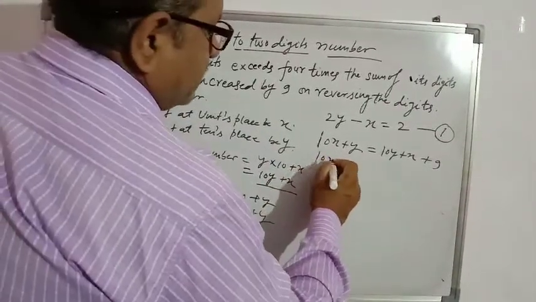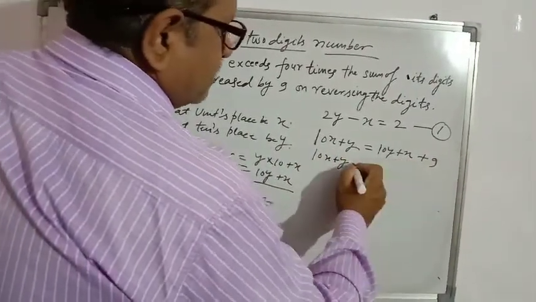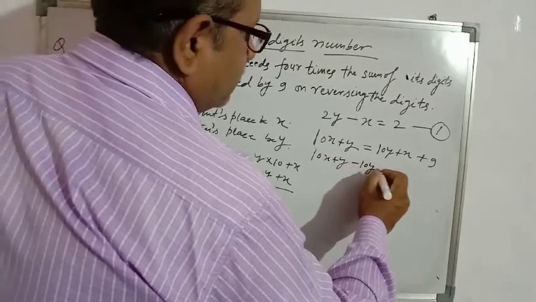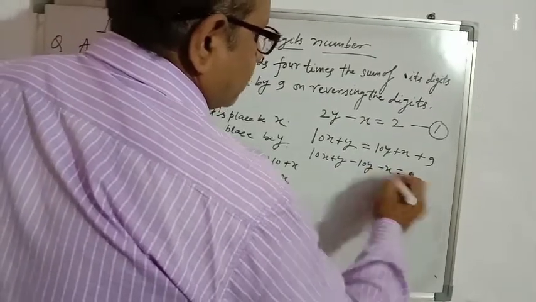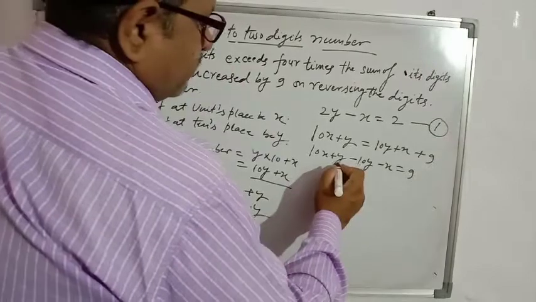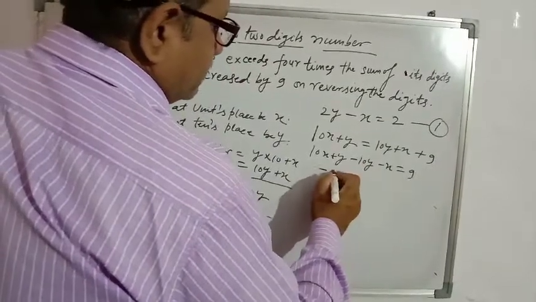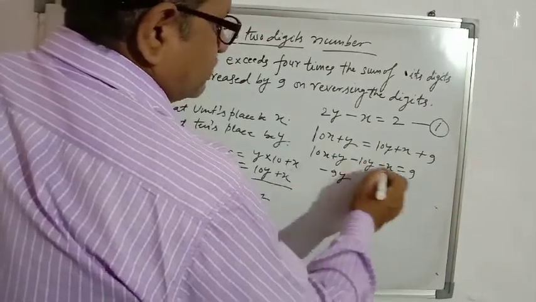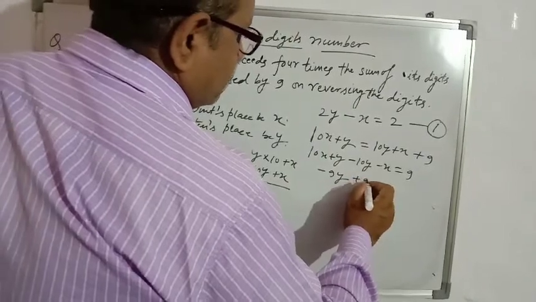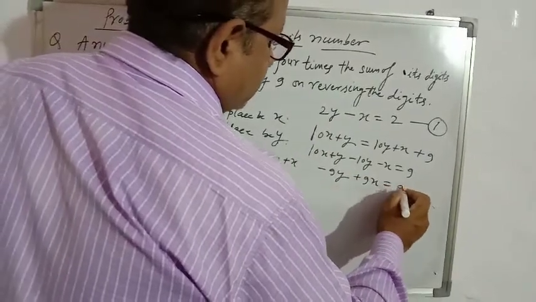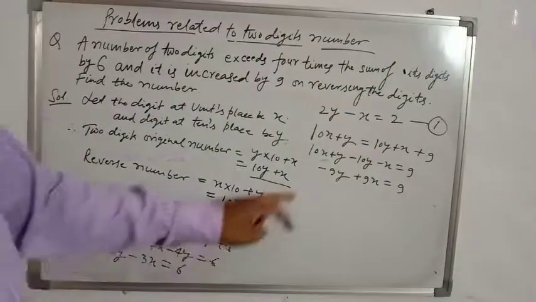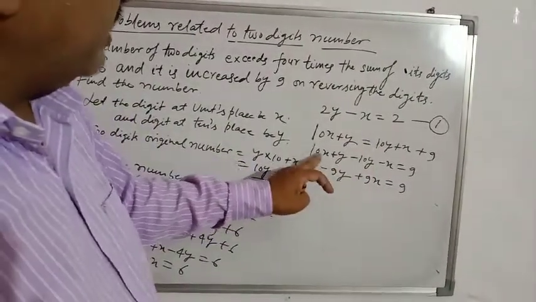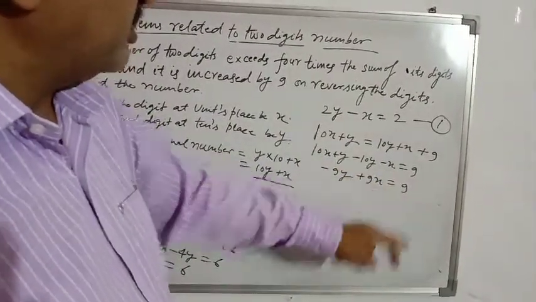Simplify it. 10x plus y, transpose, minus 10y minus x is equal to 9. y minus 10y is minus 9y. 10x minus x is 9x, is equal to 9.